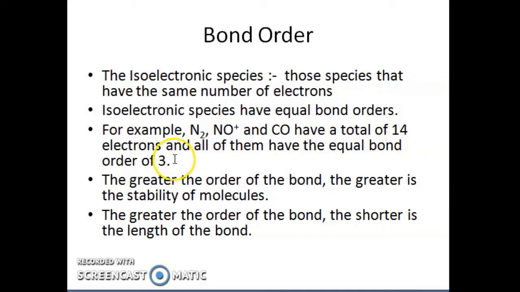So whichever elements or compounds we put together as isoelectronic species, their bond order will be the same. And the greater the order of the bond, the greater will be the stability of the molecule. And the order of the bond is inversely proportional to the length of the bond. That is, the greater the order of the bond, the shorter will be the length of the bond.